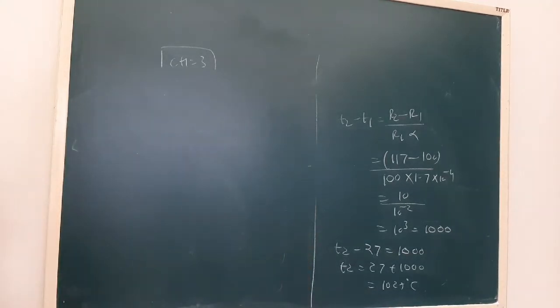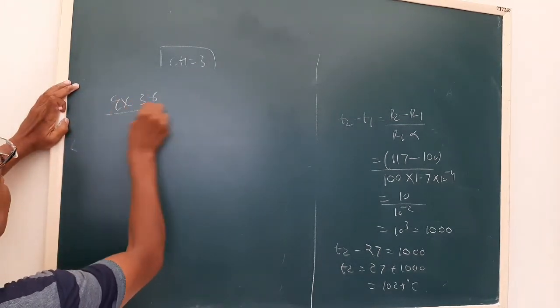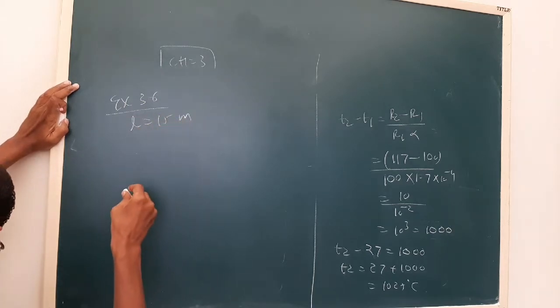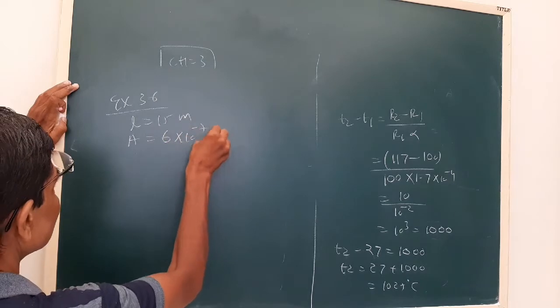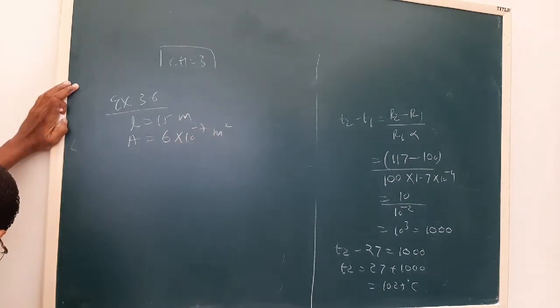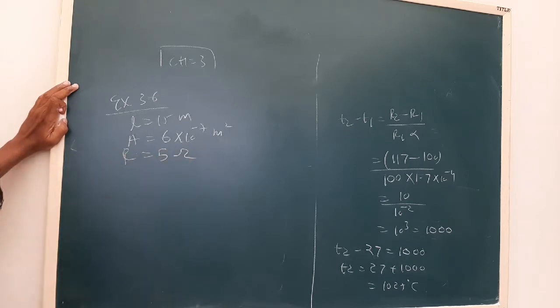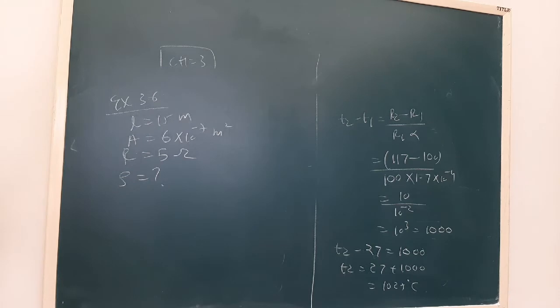Now see, the current passes through a wire of length, this is exercise sum number 3.6. Length is 15 meter. Area is 6 into 10 to the minus 7 meter square. And the resistance is 5 ohm. What will be the resistivity? Resistivity or specific resistance.